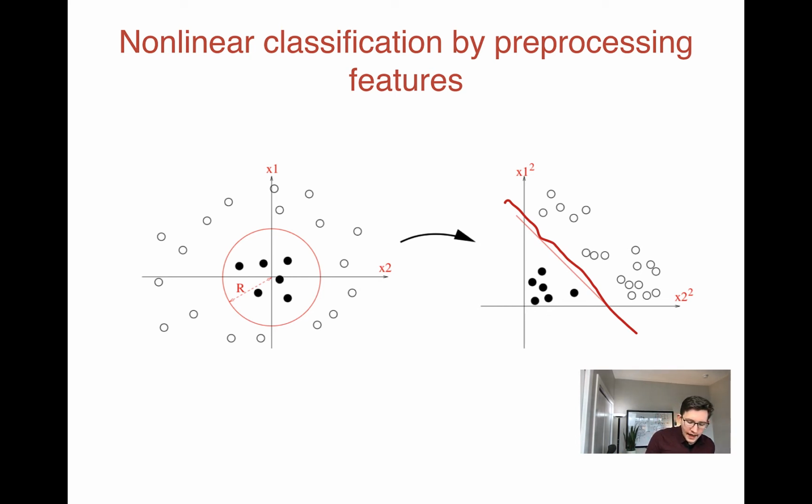The first is to add polynomial terms. For example, put x1 squared, x1 to the 3, and put each of those in our feature vector.